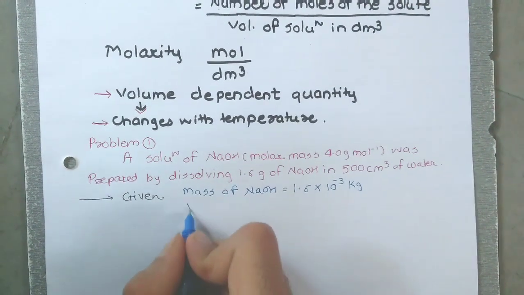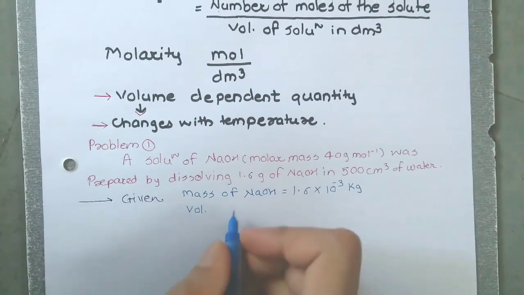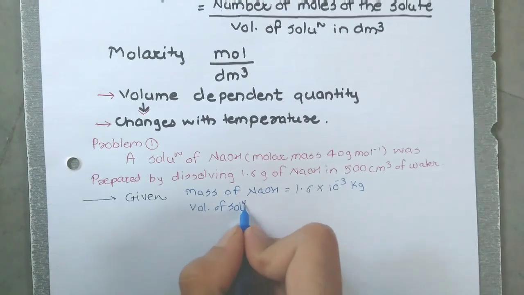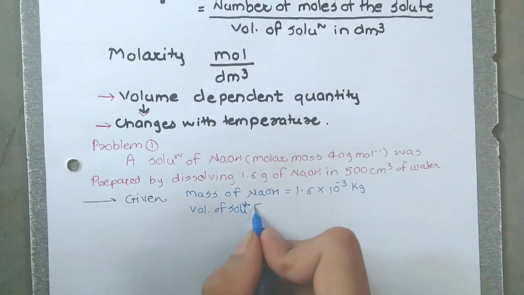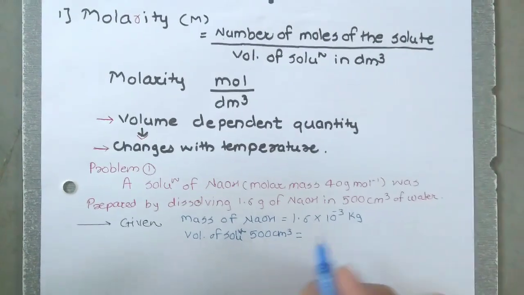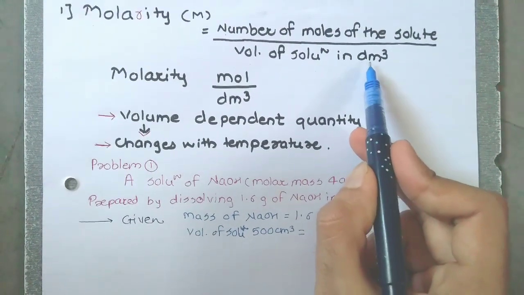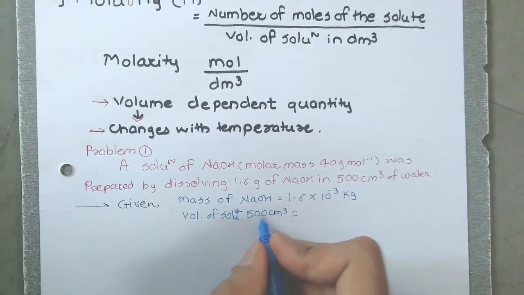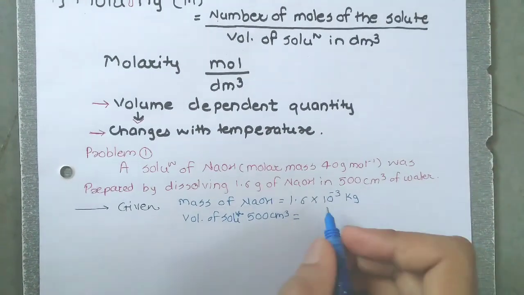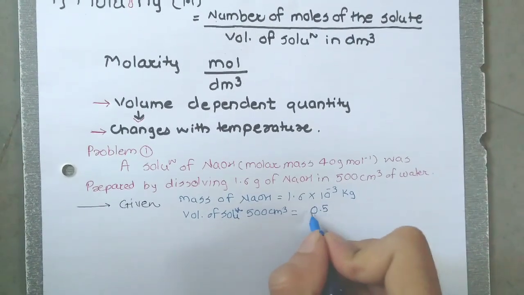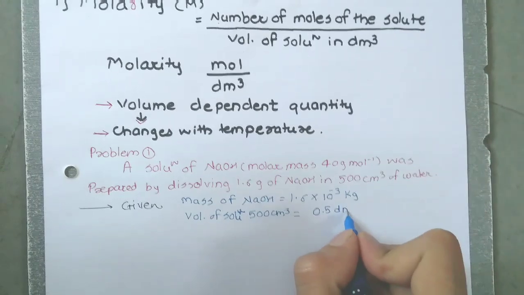And volume of solution is 500 cm cube. We have to convert it because it is required in dm cube, so 500 cm cube into dm cube is equal to 0.5 dm cube.